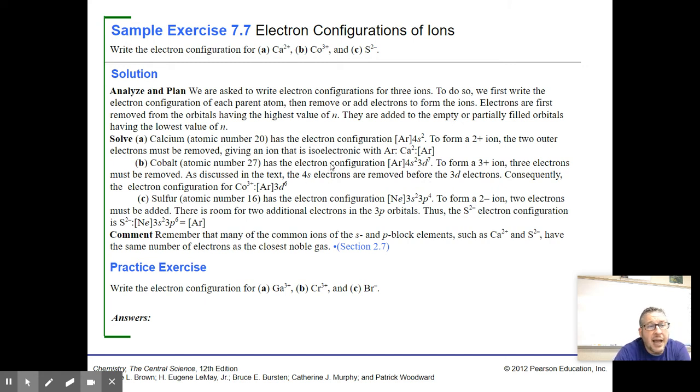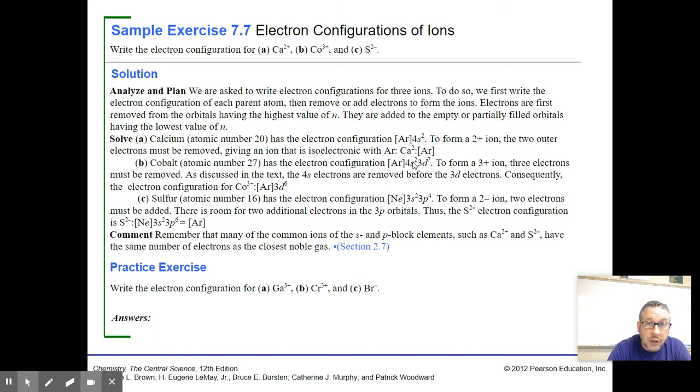But now let's look at cobalt. Cobalt typically has an electron configuration of [Ar]4s2 3d7. But cobalt can form a 3+ cation. So looking at the typical electron configuration of a neutral atom, 2 of the 3 electrons must come from the 4s, because it's the highest principal quantum number. That's where they have to be drawn from first.